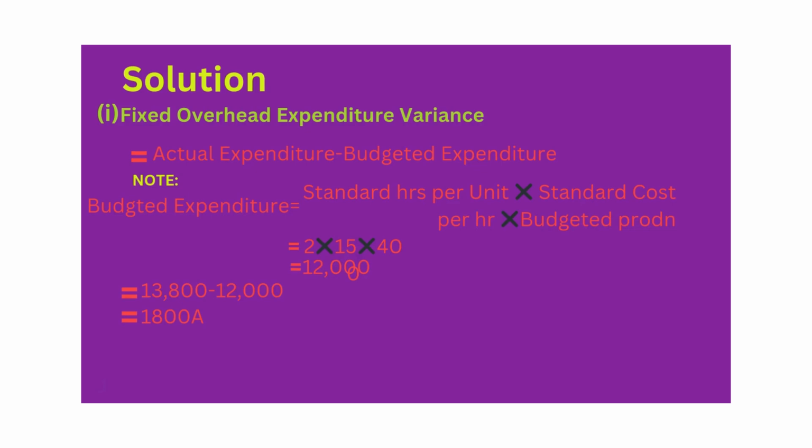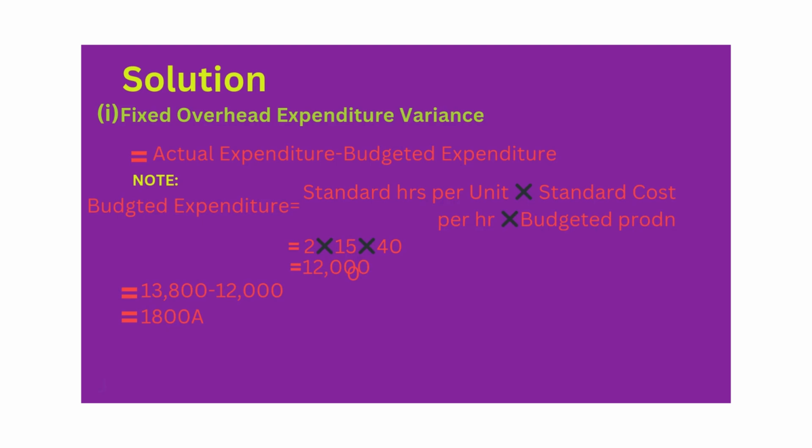The standard hours per unit is 2 hours, multiplied by standard cost per hour, which is 15 shillings, multiplied by the budgeted production, which is 400 units, which gives us 12,000.